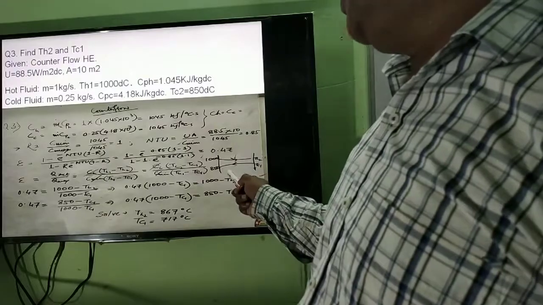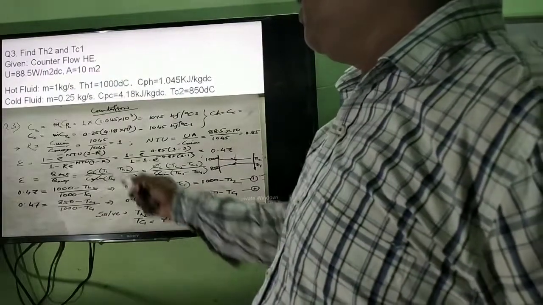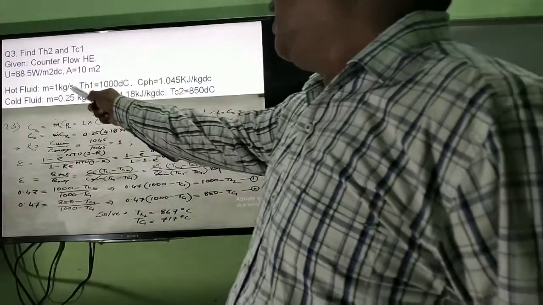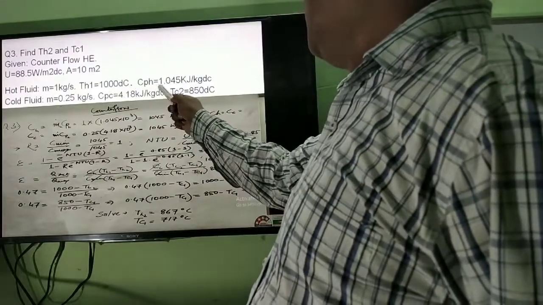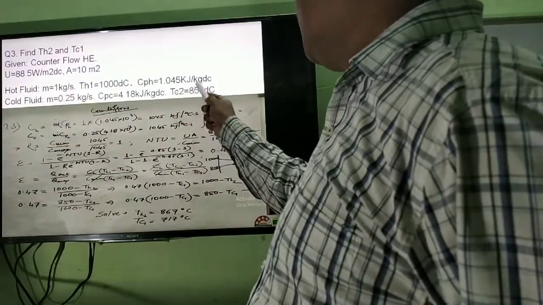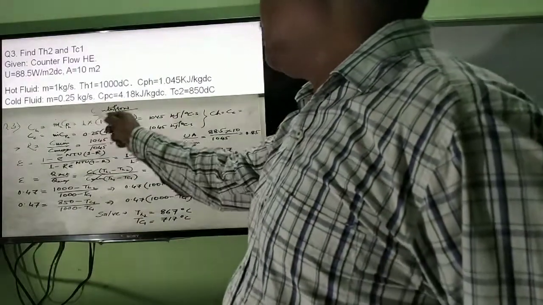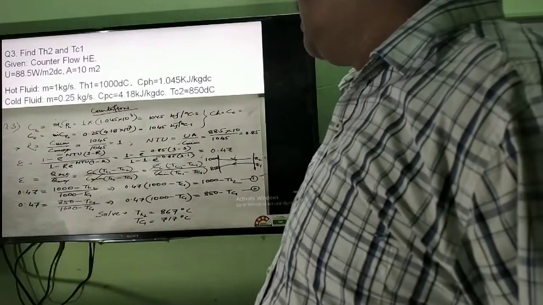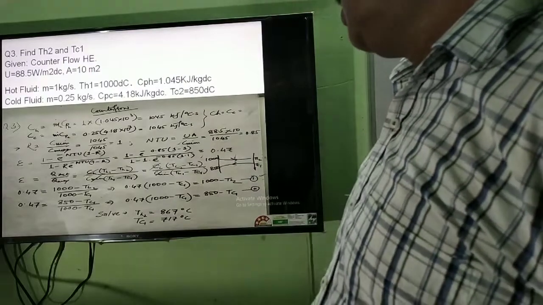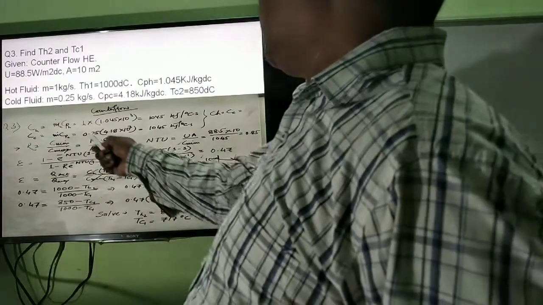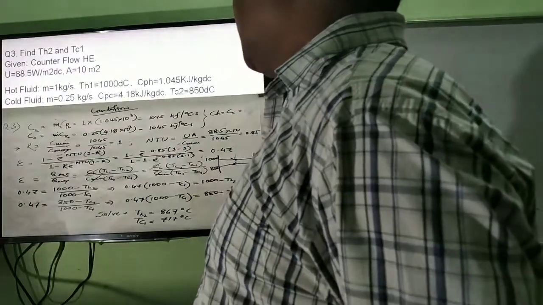From this you see they have given you the overall heat transfer coefficient, the area also given, mass flow rate, entry temperature of the hot fluid, specific heat capacity of the hot fluid, then for the cold fluid the flow rate and specific heat capacity are given. So put these values. First of all, for the hot fluid, what is the heat capacity?